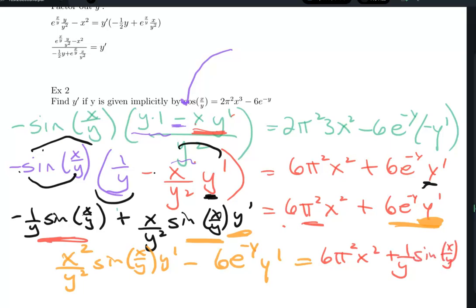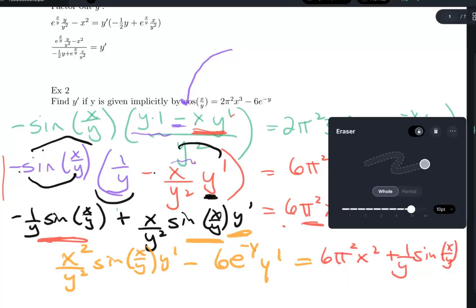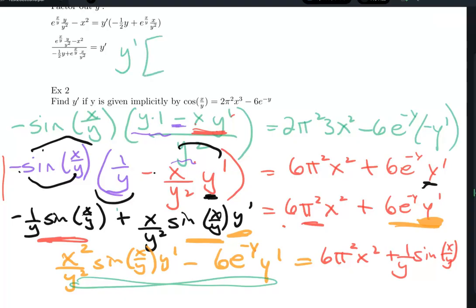Okay, so then the next step is to factor out the y prime. So let me just do it up here. My screen's still not cooperating so much. There we go. Okay, so I'm going to take this side and factor a y prime out.